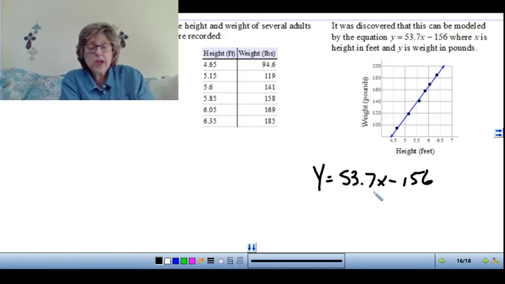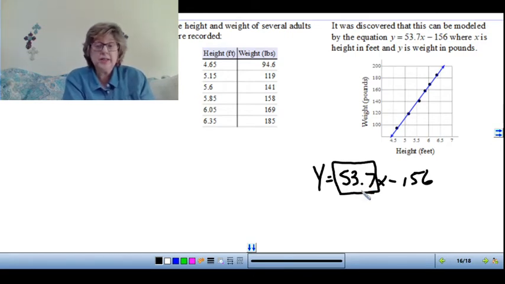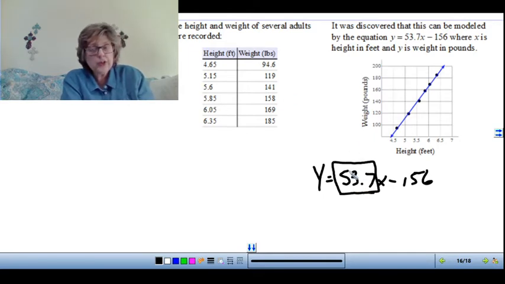Well, the rate of change, or slope, is the rate of change when we're looking at the equation of a line. And when we're interpreting that in real life, don't say it's rise over run, which is what slope is, but that's not what they want you to interpret it as. They want you to interpret this as a rate of change.